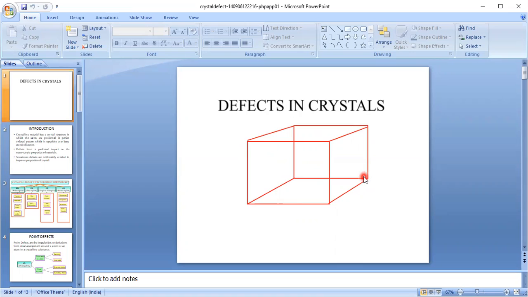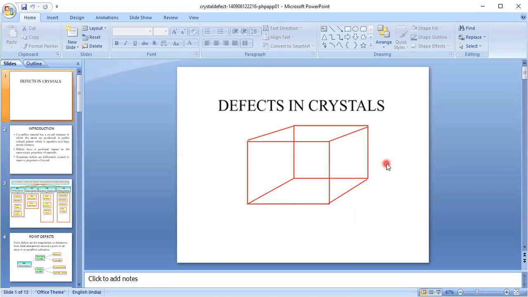In a similar way, the shape of the unit cell will be of different types, which are basically 7 types of crystal systems you can see. So the first one is cubic. Cubic is again classified as simple cubic, body-centered cubic, face-centered cubic, and end-centered cubic.